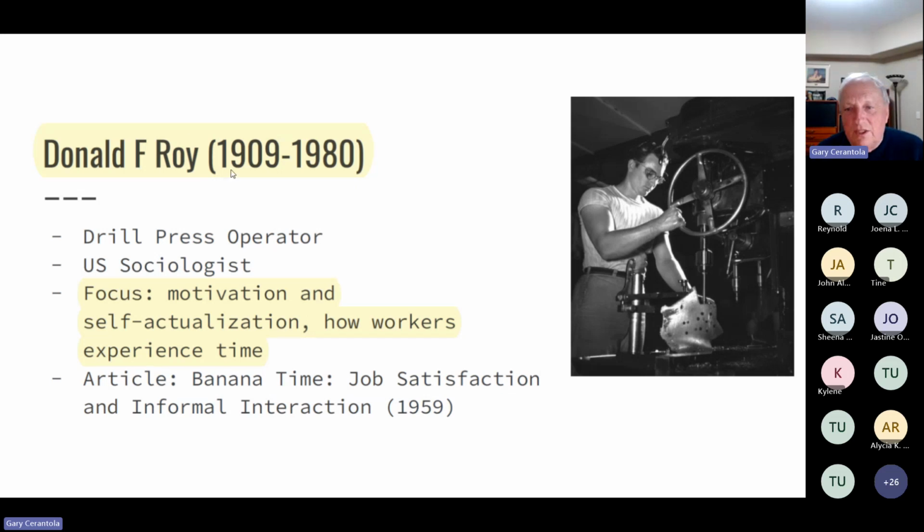But if you take a look at what he was studying, he was studying workers that don't have very much variability in their work. So let's say in a lot of cases the job is boring, and they don't feel that self-actualization. They don't feel like they're really being part of the organization that's producing something special, right?